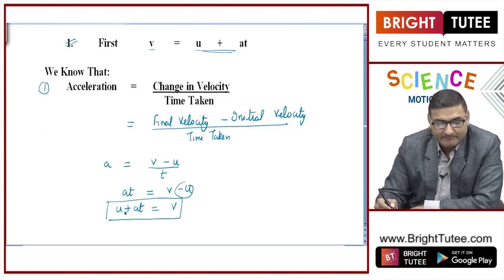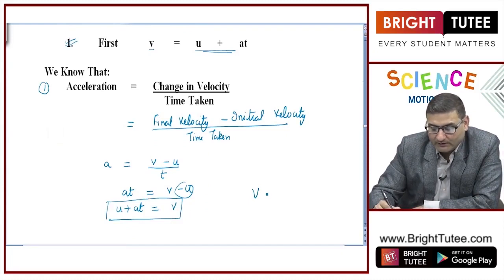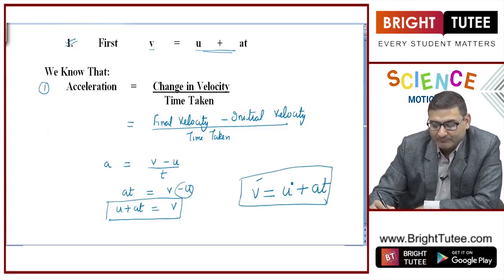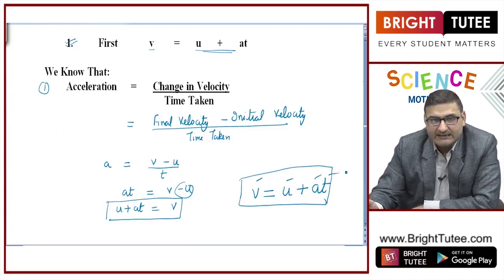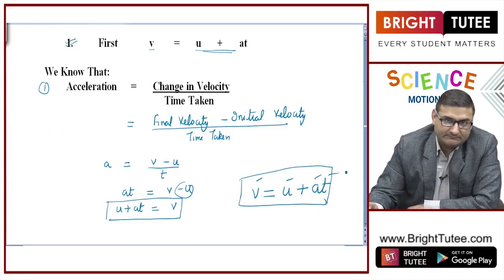Quite simple, isn't it? So to conclude, we say that v is equal to u plus at, where v is the final velocity, u is the initial velocity, a is the acceleration, and t is the time taken.